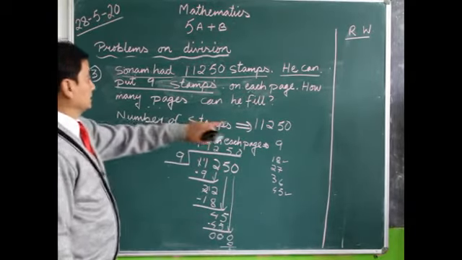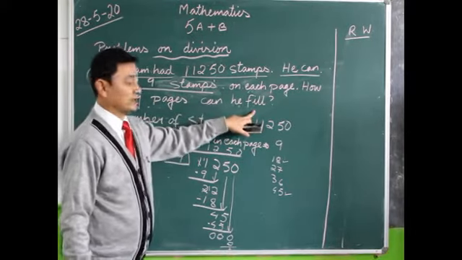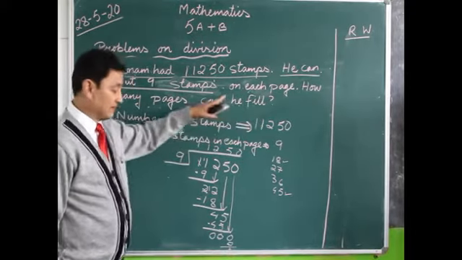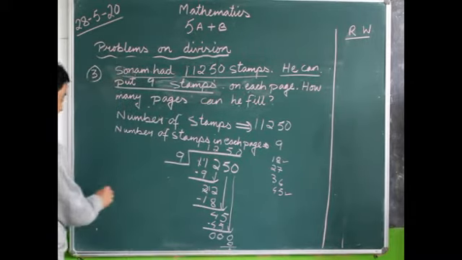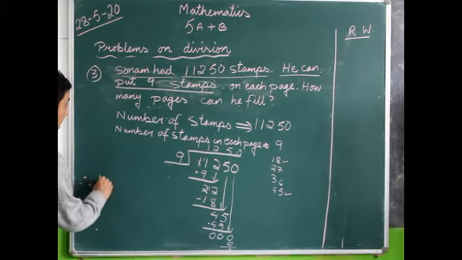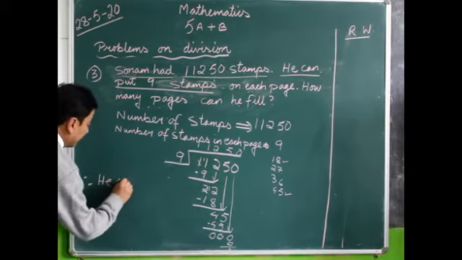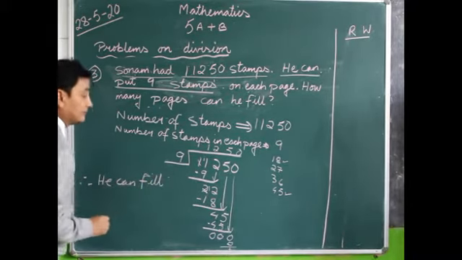Let's read the question. How many pages can he fill? So we have to write the statement. I don't have space here, so I will write it at the side. Therefore, he can fill how many pages?